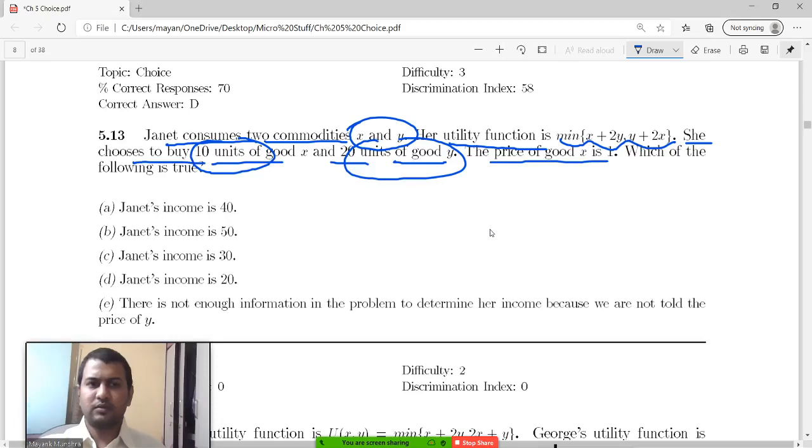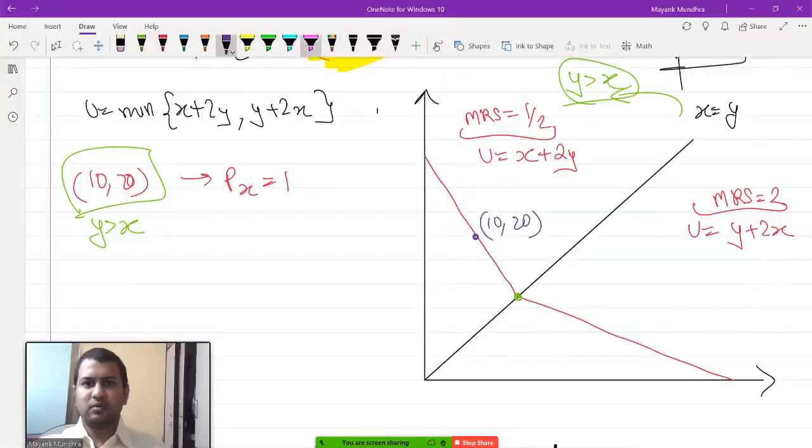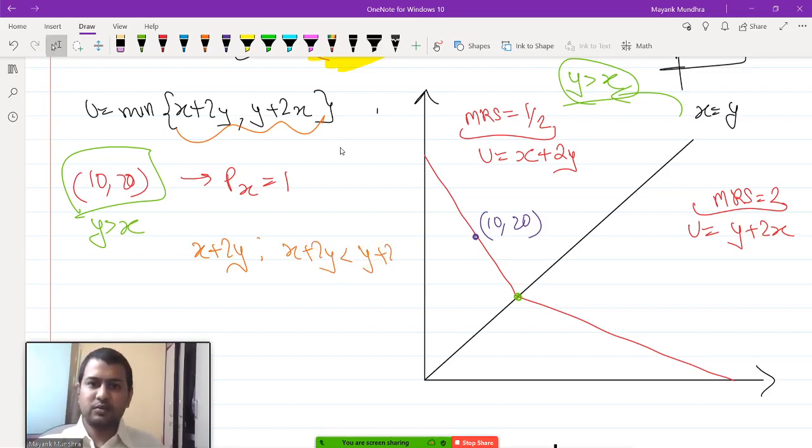No, I don't think so. Wait, let me check. Utility equals this thing. So you will report x plus 2y whenever x plus 2y is less than y plus 2x, which implies whenever y is less than x. Oh, sorry, yes, I have done this wrong.